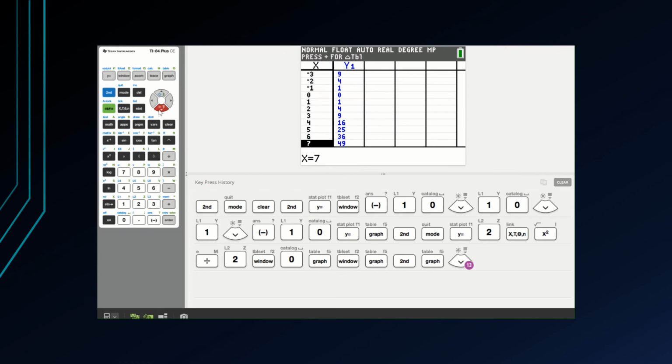And as I keep scrolling to more positive x's, I can see that y is getting larger and larger. And even when x is 20, y, or the dynamic pressure in our case, is now 400. And it's just additional proof that as the velocity increases, the dynamic pressure is approaching infinity.